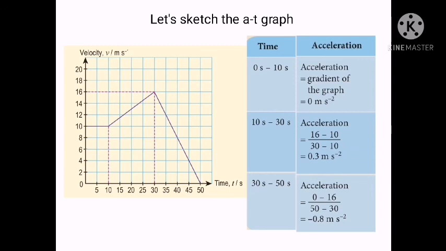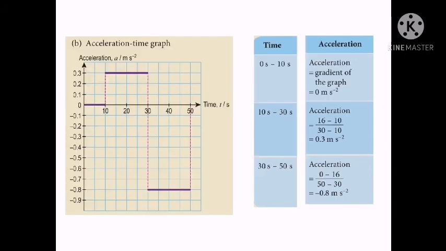And the gradient from 30 second to 50 second is negative 0.8 meter per second square. So now let us sketch the AT graph with the following information. So this is my acceleration versus time graph. Simply plot the graph with the following information.